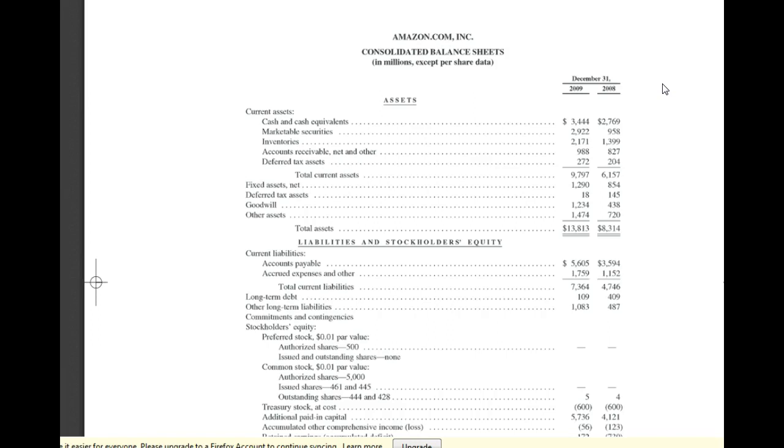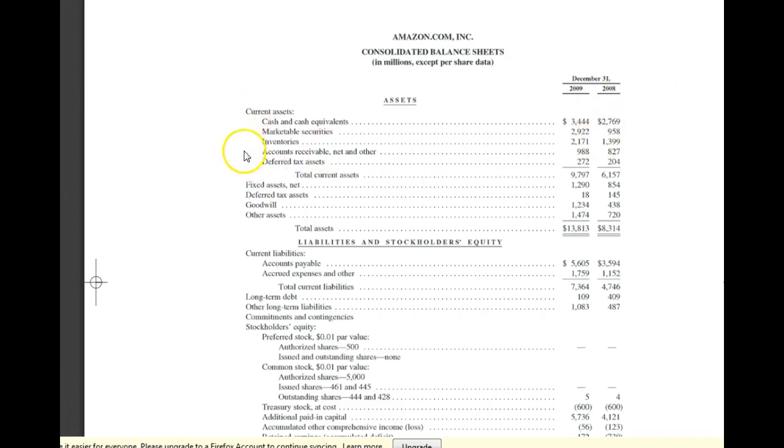So you're going to go to the balance sheet, and the first question is what kind of format is this? So look in the book and figure out what kind of format they're using for their financial statements. The next question is, what's their largest current asset for 2009?